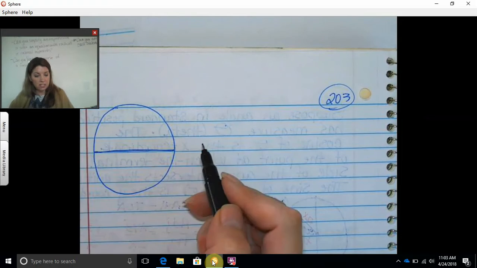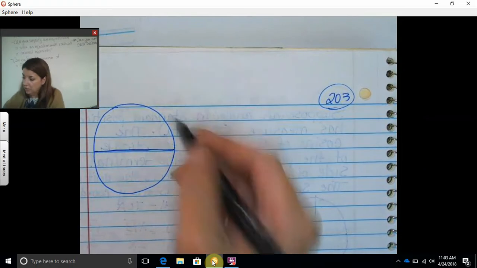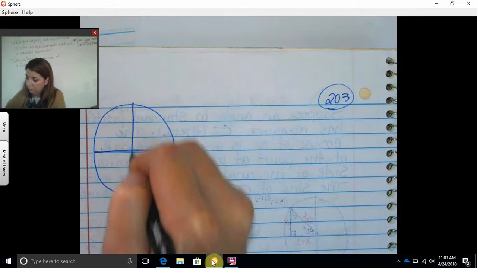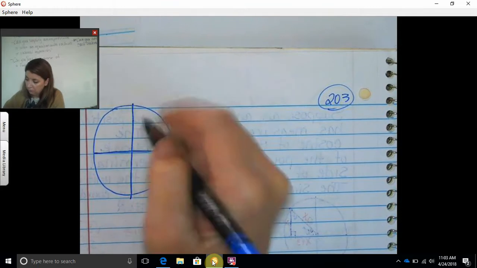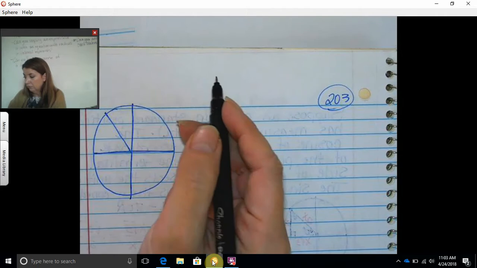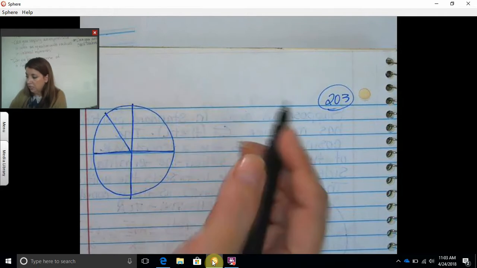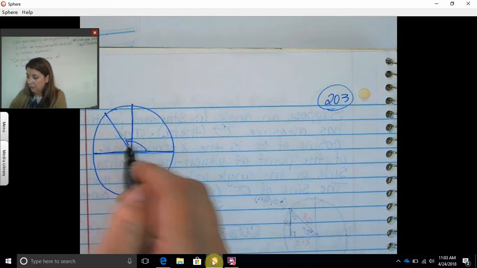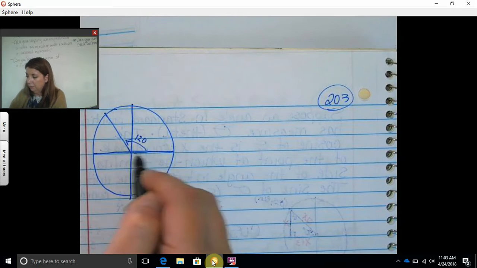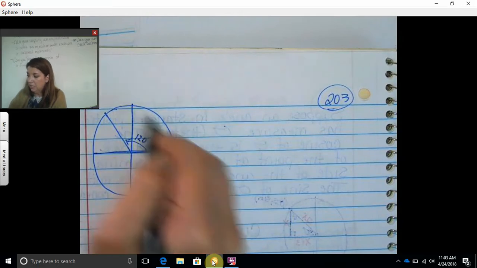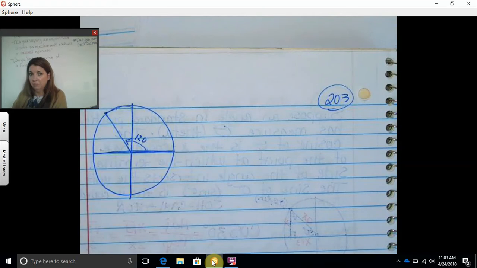All right, so next on our list, we are at the 120-degree angle. So it's 120 degrees from my initial side to my terminal side. Can you have a triangle with a 120-degree angle in it?